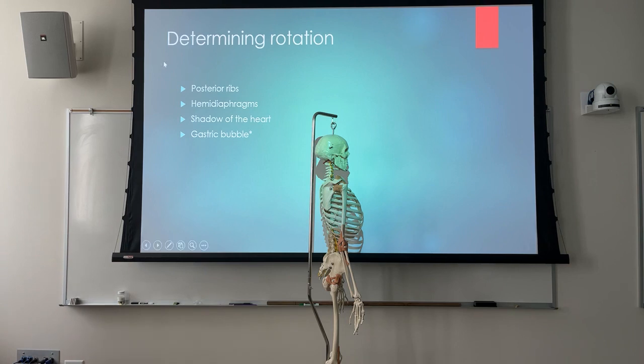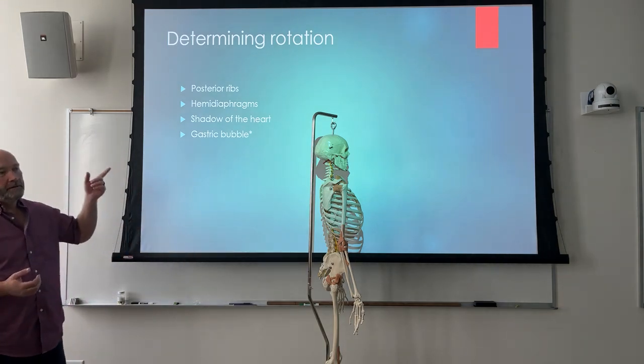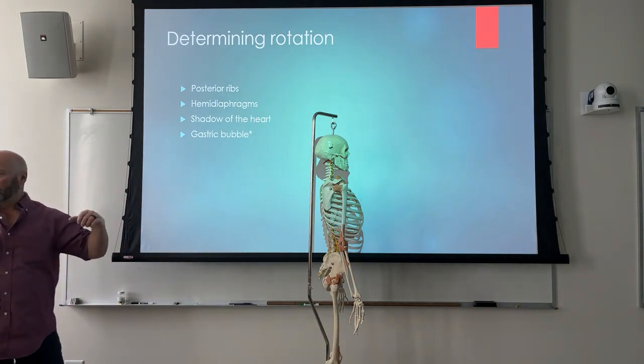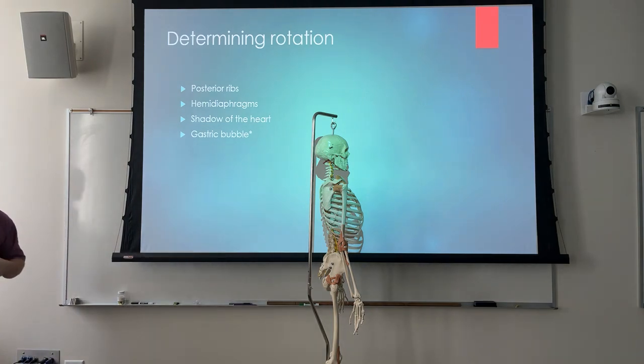So we can also look at the shadow of the heart to determine rotation, and we can also look at the gastric bubble. The gastric bubble is really a good landmark to look for to determine almost everything on a lateral chest x-ray. If you have rotation, if you have tilt, anything like that.